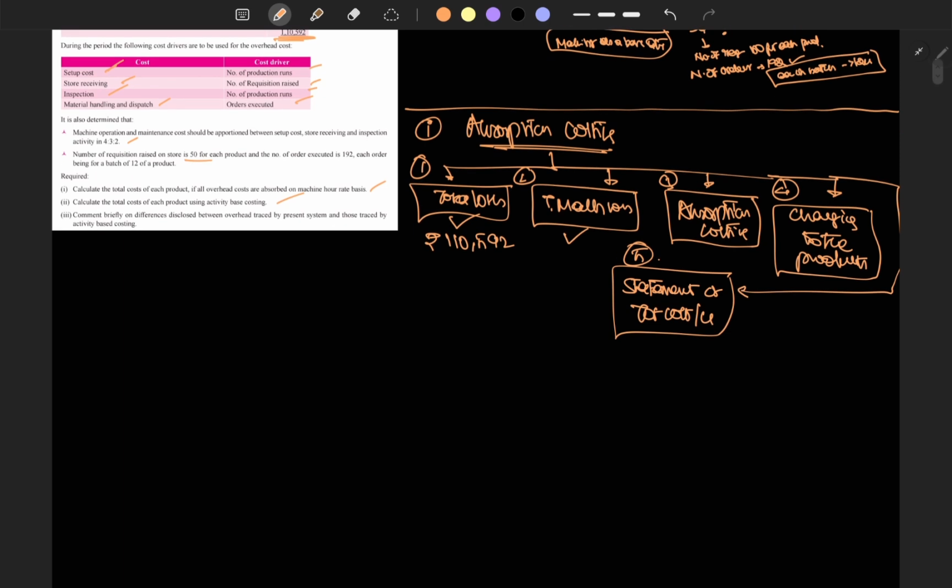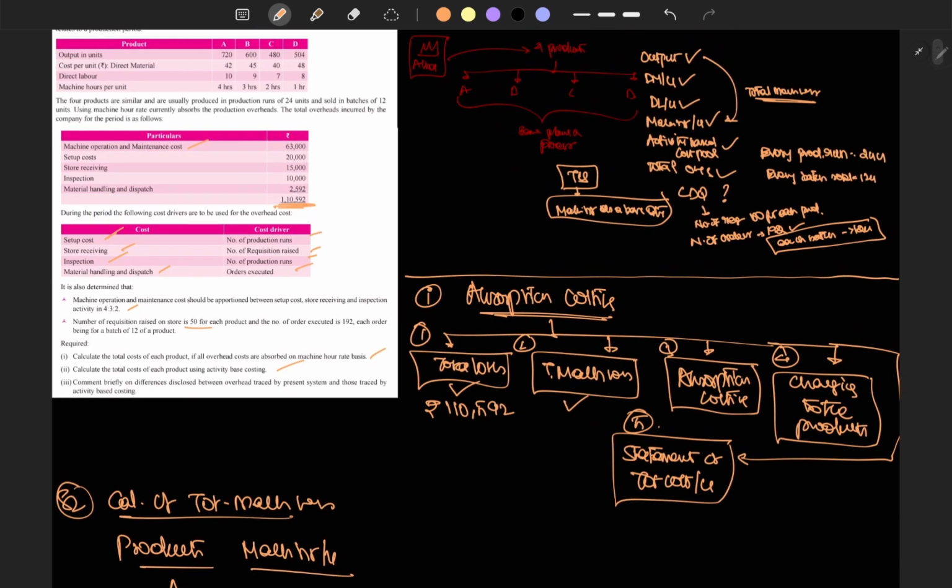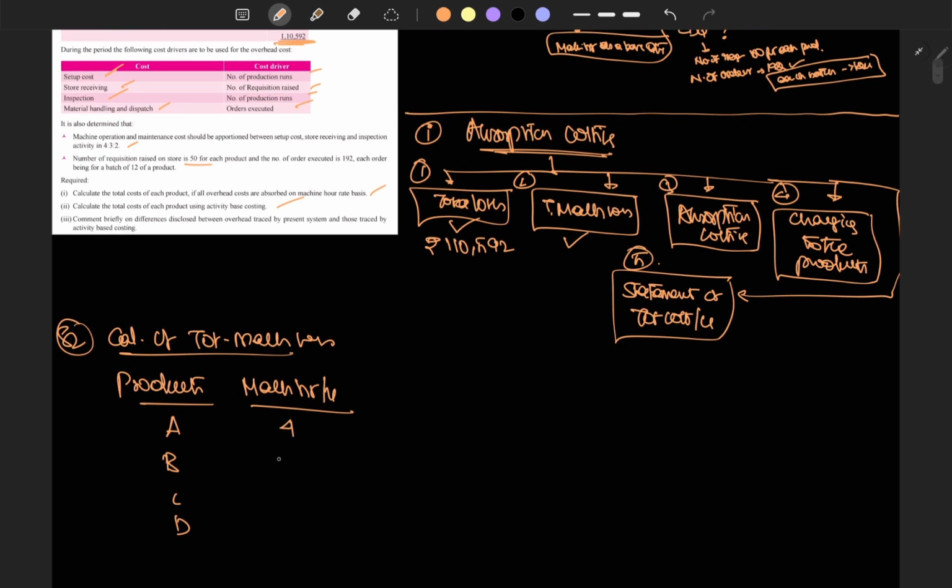So first, as we already know the total overheads, we have to find out the total machine hours. Step 2, which is total machine hours. Products: how many products are there? A, B, C, D. Machine hours taken by every unit of the product, which is 4 hours, 3 hours, 2 hours, 1 hour.